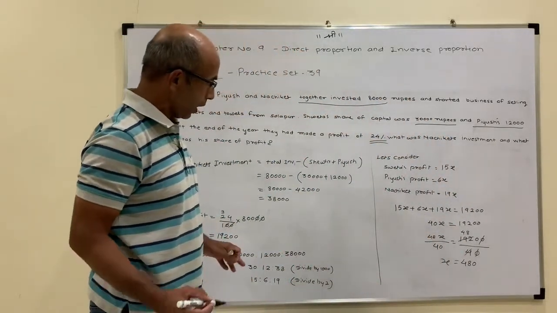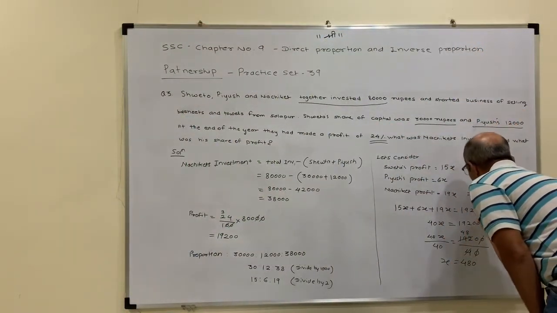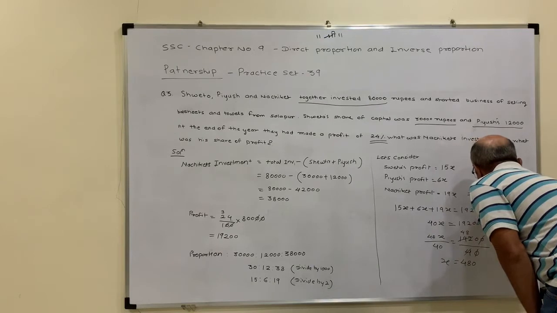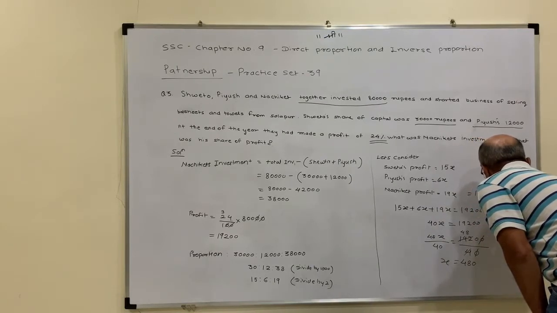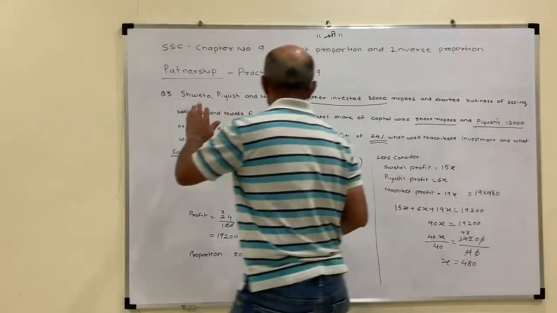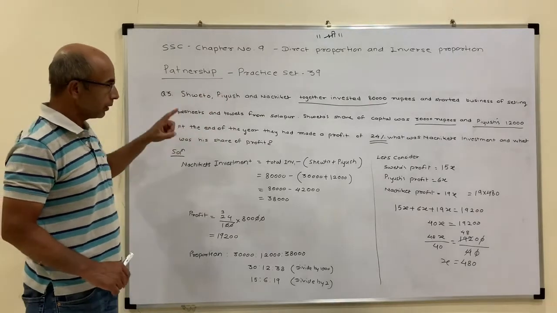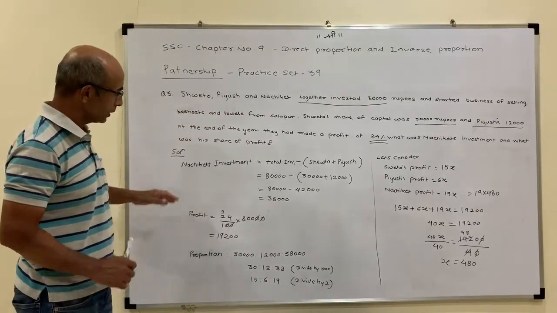Now Nachiket's profit will be 19 into 480. I have limitation of space, so you calculate this 19 into 480. Let me again explain this problem. They made two questions. The first question was how much Nachiket's profit.